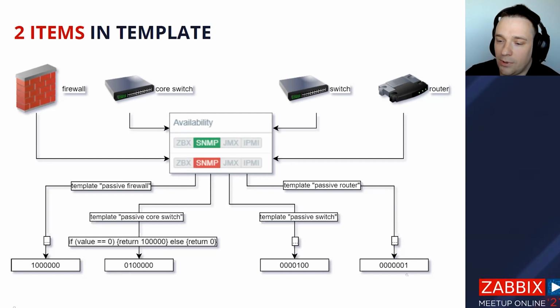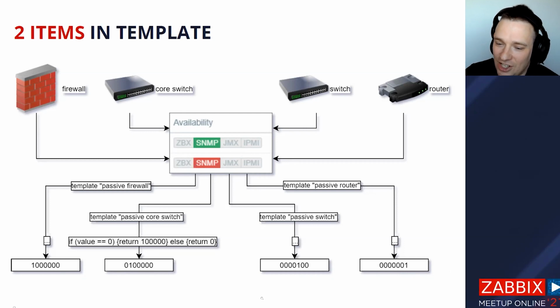The router will generate 1. If the switch is down, it will generate 100. If the core switch is down, then it will be 100,000. And 1 million for the firewall. Maybe you look at the screen and think it's something with the binary stuff, and trust me, it's not related to the binary thing at all.